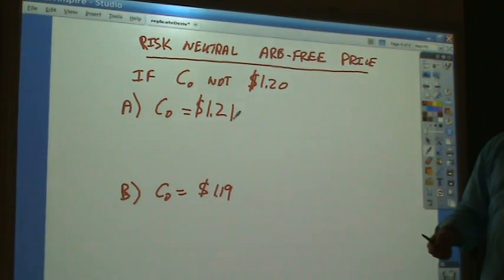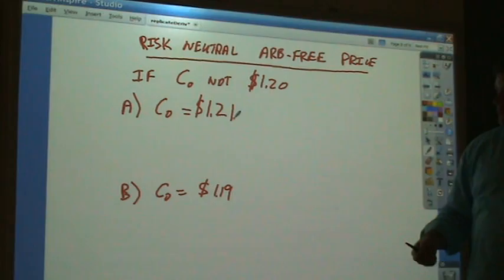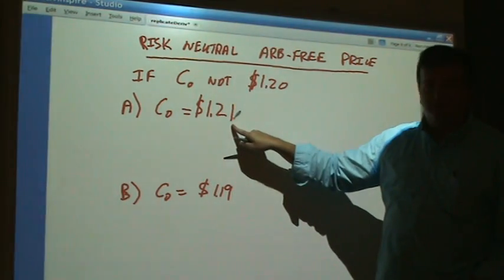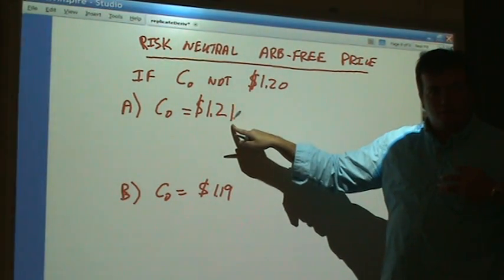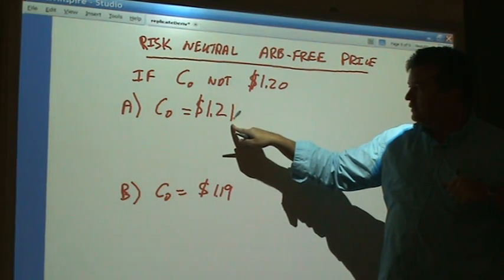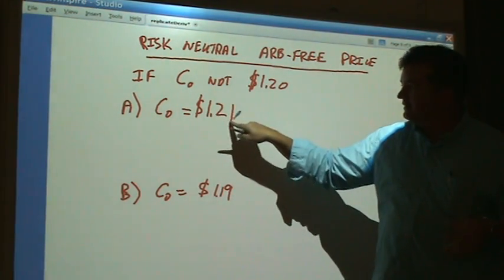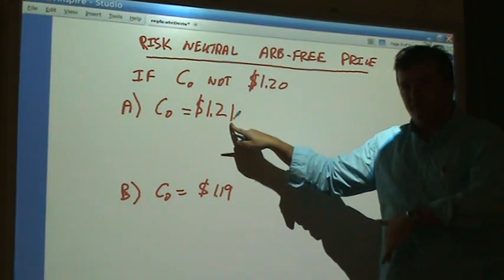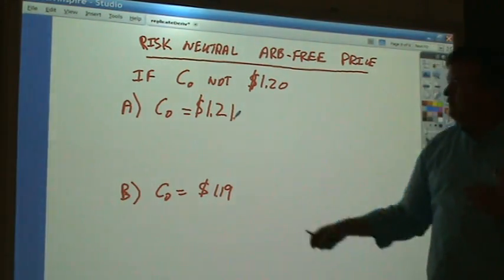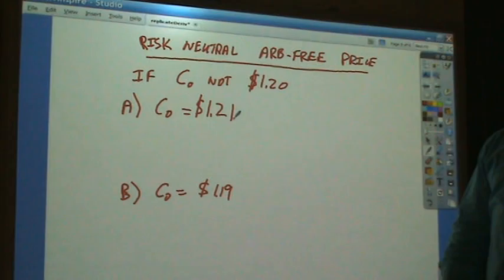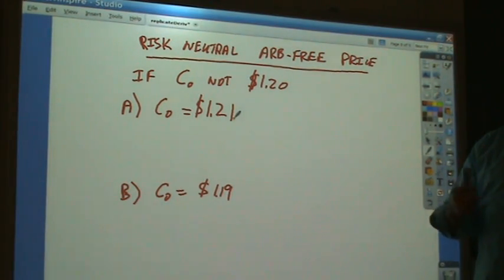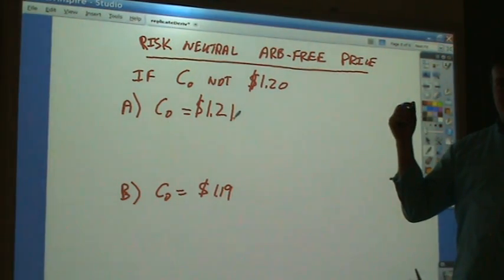What you could do is sell the option for $1.21, collect the $1.21. You could be on the sell side. That means you collect the $1.21 right now, but maybe you're going to lose money in the future. Then you take $1.20 of your $1.21 and do the thing we just did.